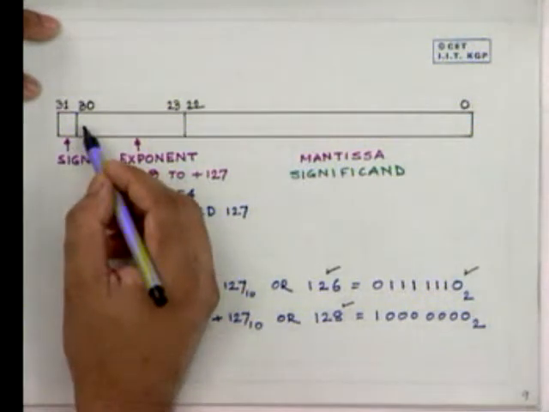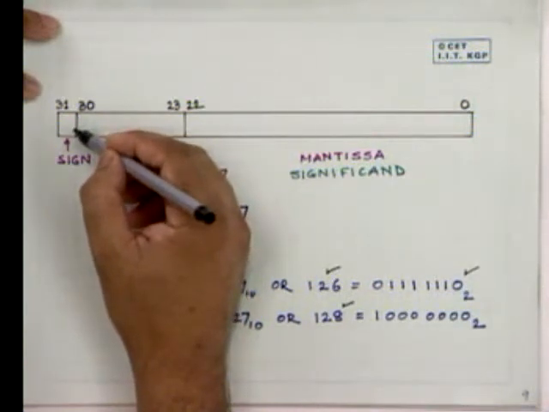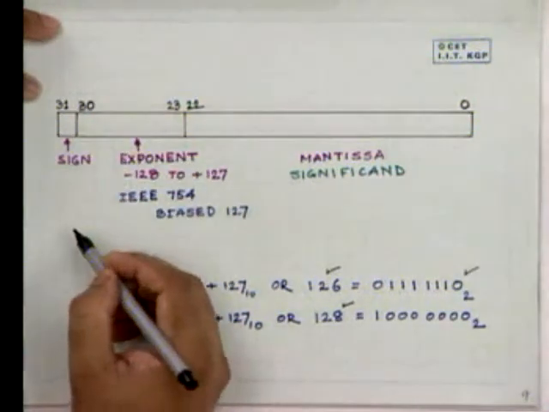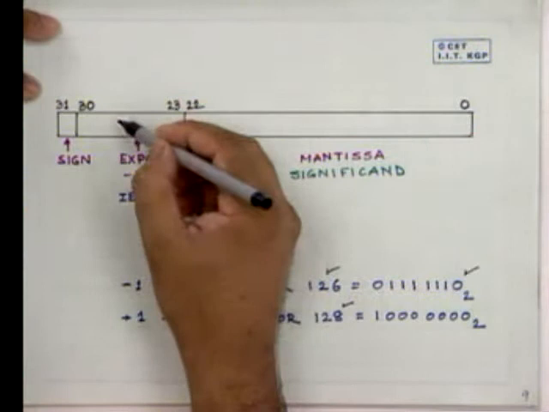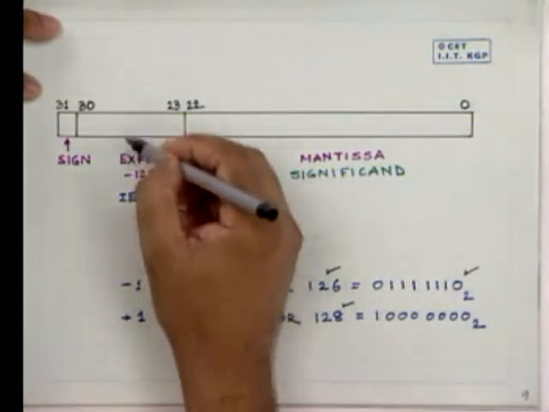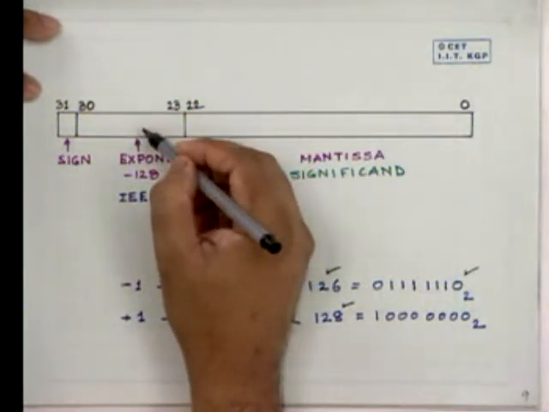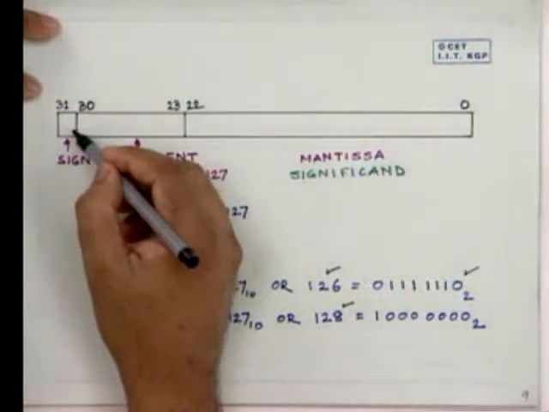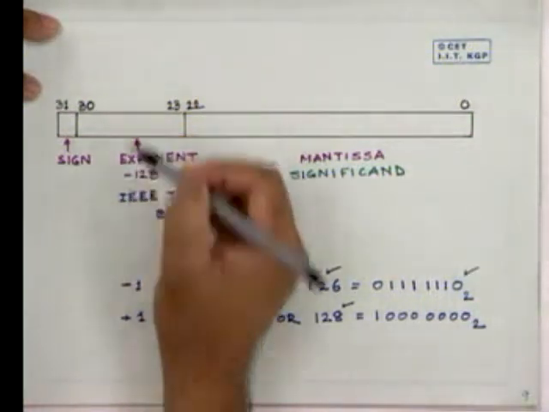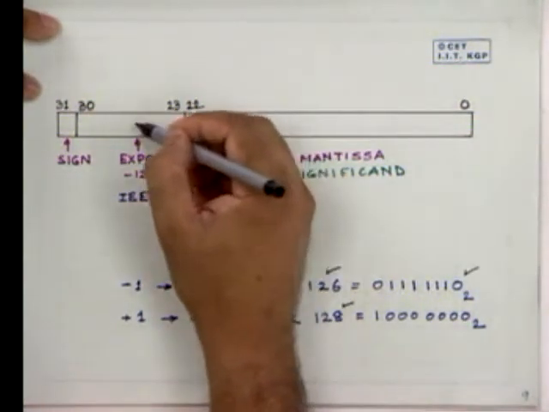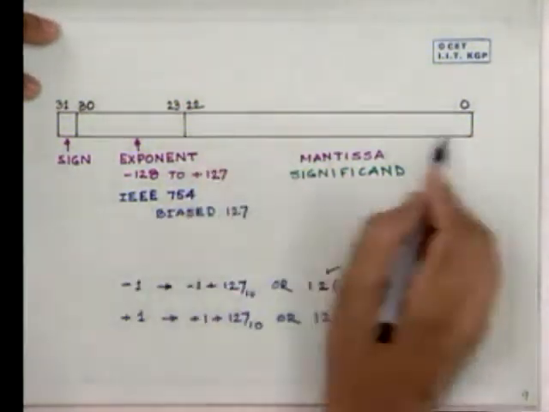So that a positive number can be treated as immediately higher than a negative number, and ordering can be done. Similarly, with bias 127, by seeing the exponent only, ordering can be done, which means that a number with a higher exponent having the same positive sign will be higher than a positive number with a lower exponent. That way, the exponent has been brought after the sign, and only after that the significand has been placed.